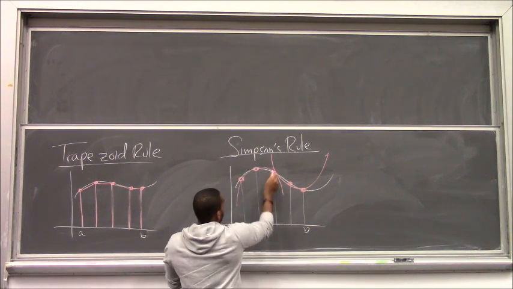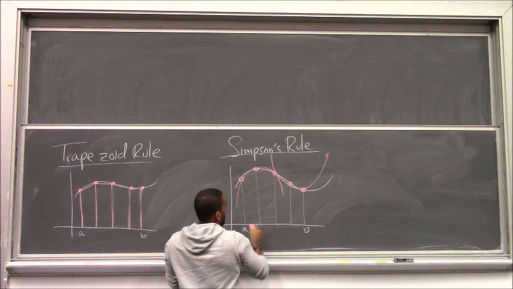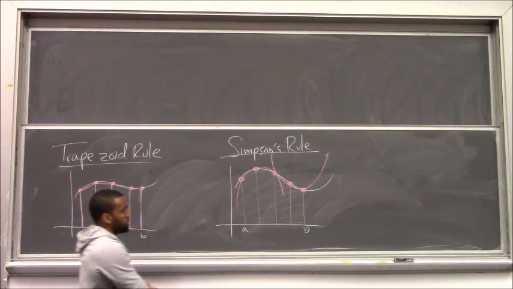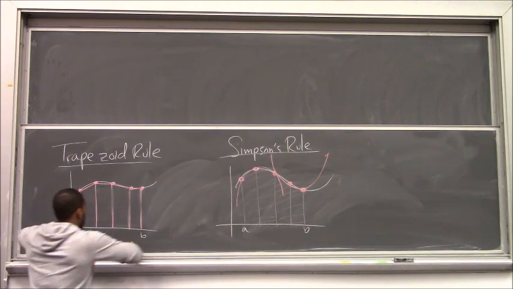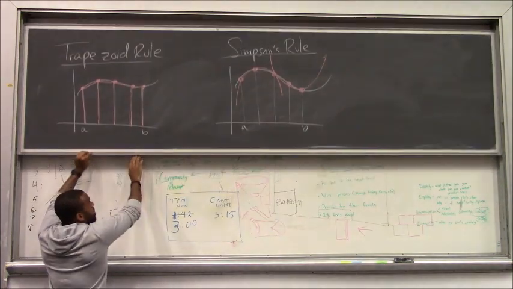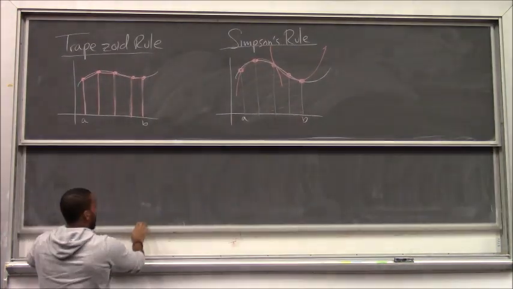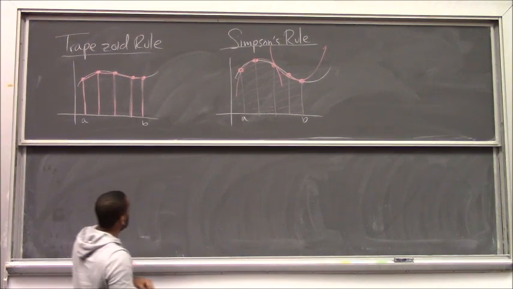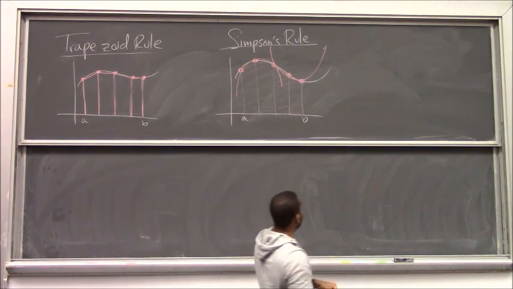And then you find the area under these parabolas over the subintervals. And that will give you an approximation for the area under the curve. So let's talk about how we go about measuring areas using these two methods. Then we'll give some examples, and then we'll just move on.